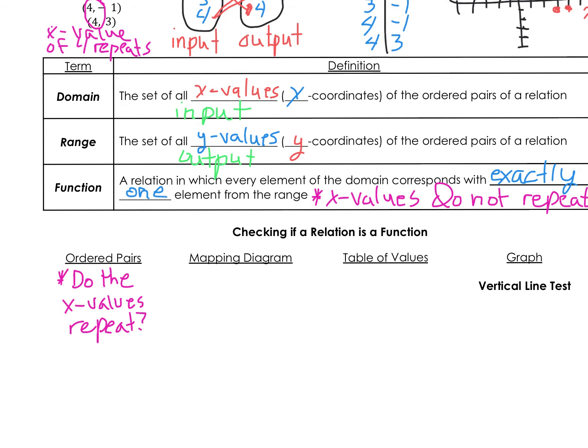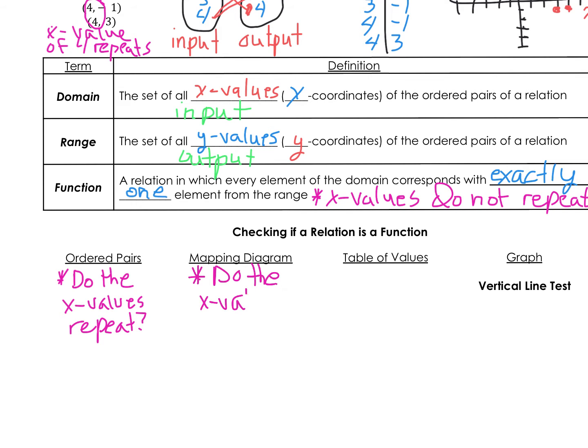All right, so then the next one is a mapping. As you look at a mapping, we also want to ask the question, do the x values repeat? This one's not as easy to determine.